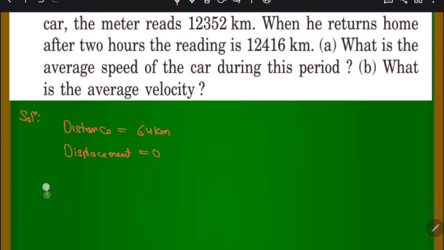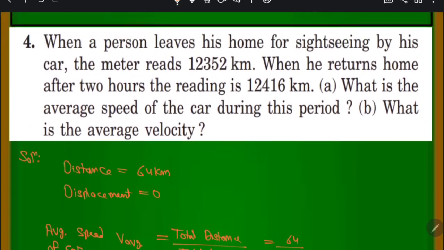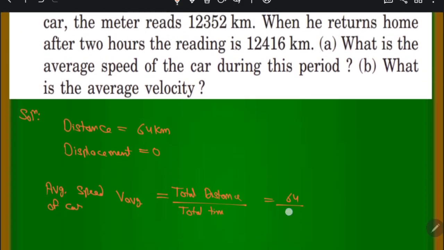So average speed of a car is basically total distance upon total time. Total distance is 64 kilometer, and total time they take is 2 hours.